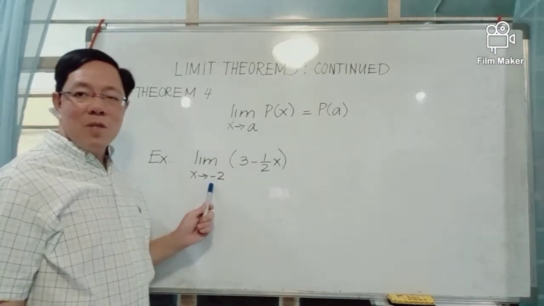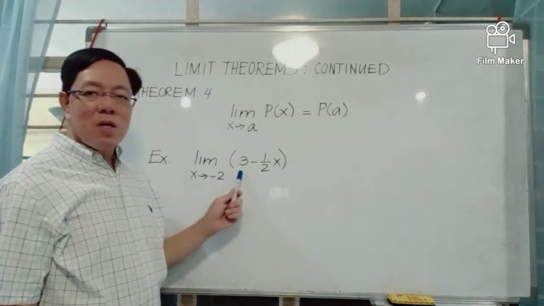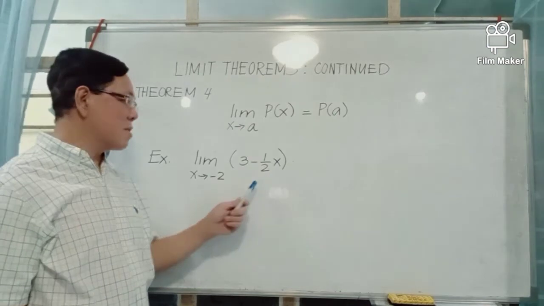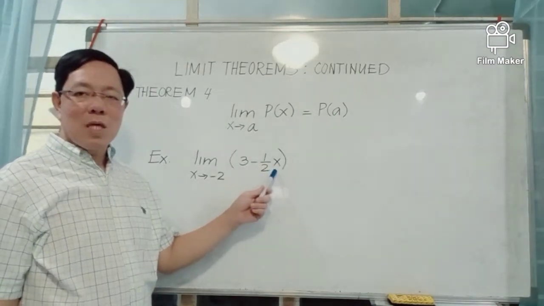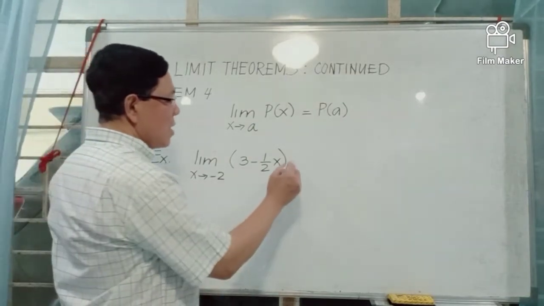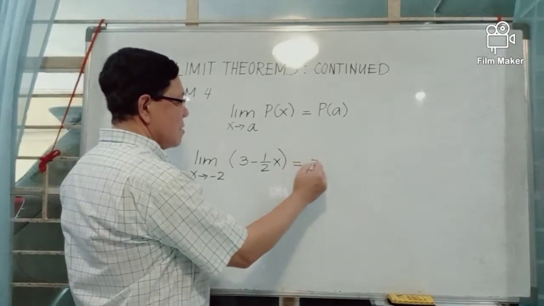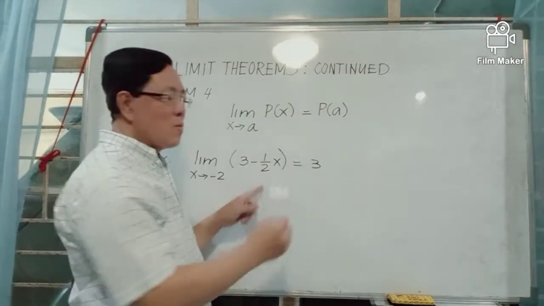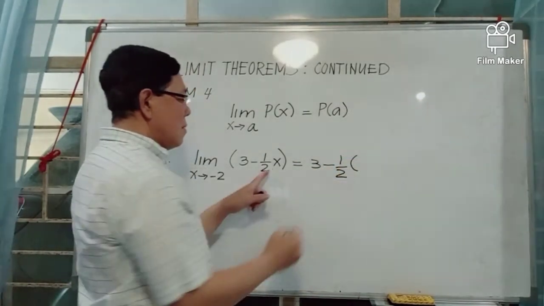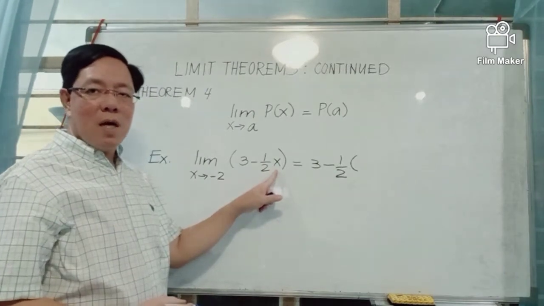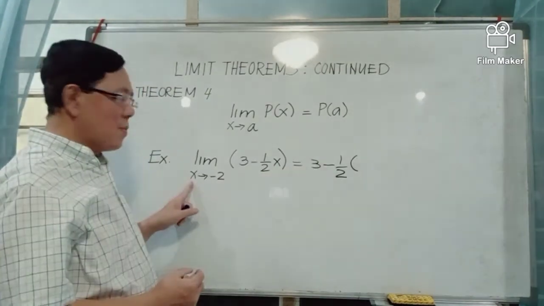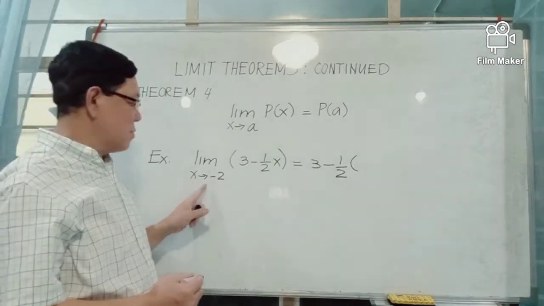And by limit theorem 3, to find the limit of a linear expression such as 3 minus 1/2 x, simply replace x with -2. And we get 3 minus 1/2 multiplied by x. Our x is the a, to which the values of x approach.